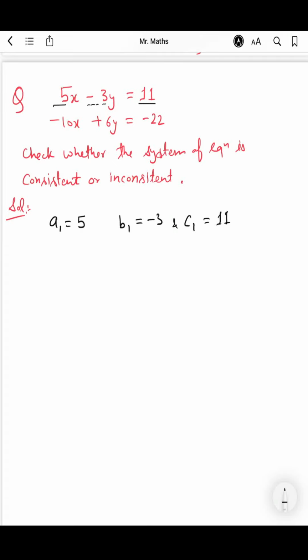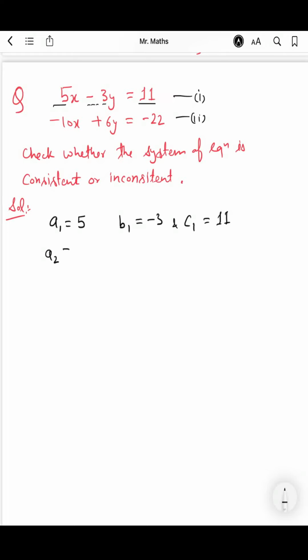What we have observed here is that both the constant terms, in equation 1 and in equation 2, are on the RHS. So before solving these questions, we have to check whether both the constant terms are either on the LHS or on the RHS. We have to ensure it first.